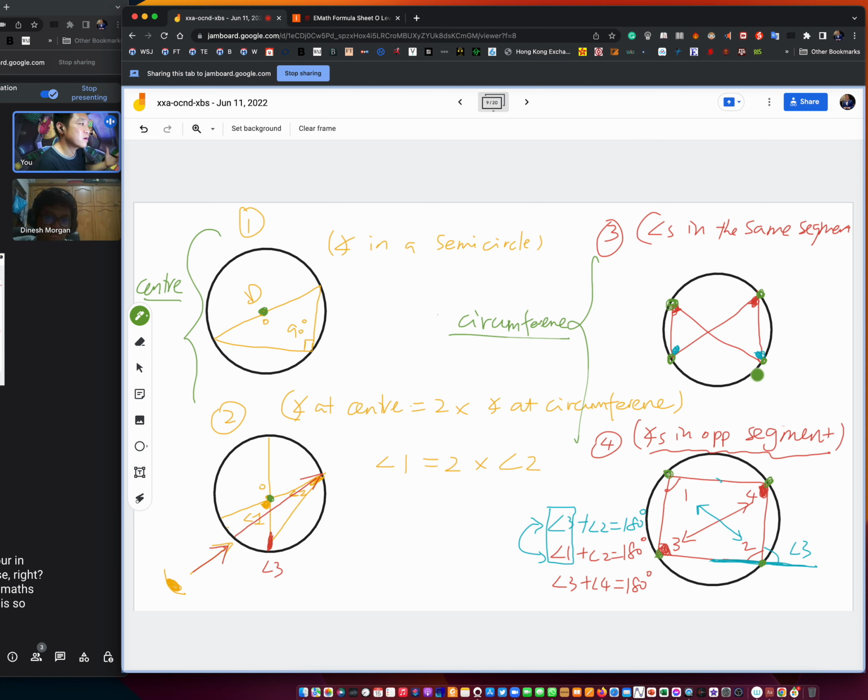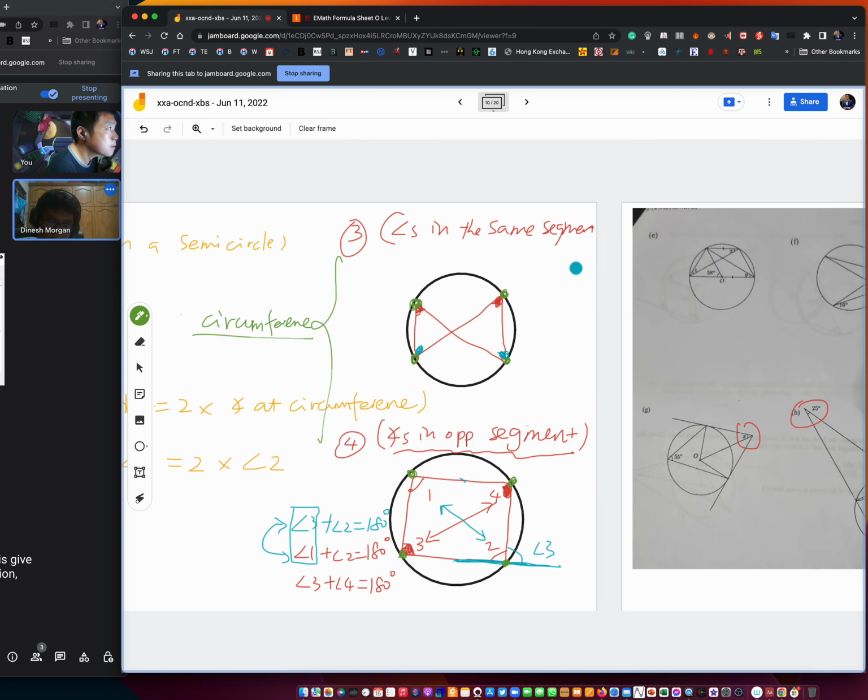You have to have a direction. So rules 1 and 2 have something to do with the center, rules 3 and 4 with the circumference. Should I choose the rules related to the center, or the rules related to the circumference? This gives you a direction.